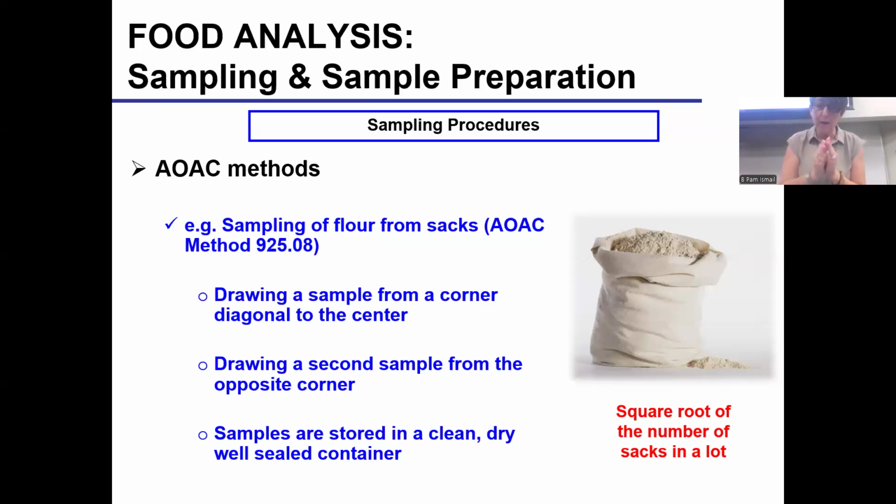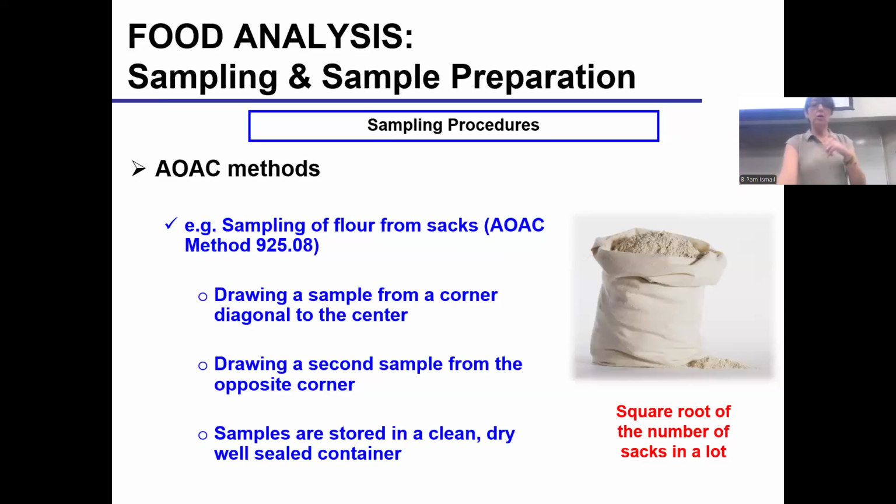And then from those 10 bags, you take a sample from a corner opposite to the center, or diagonal to the center, and then from another corner opposite to that corner. So if the center is here, you take 2 samples from 2 corners opposite to the center.